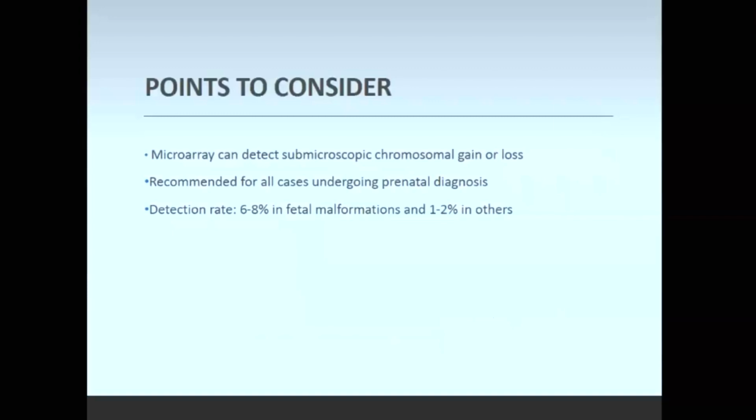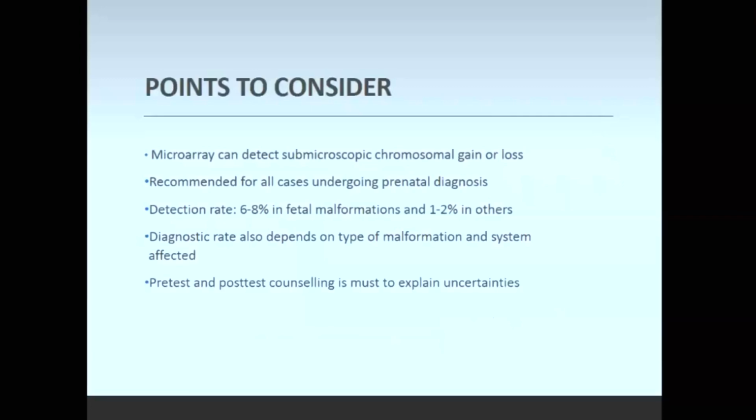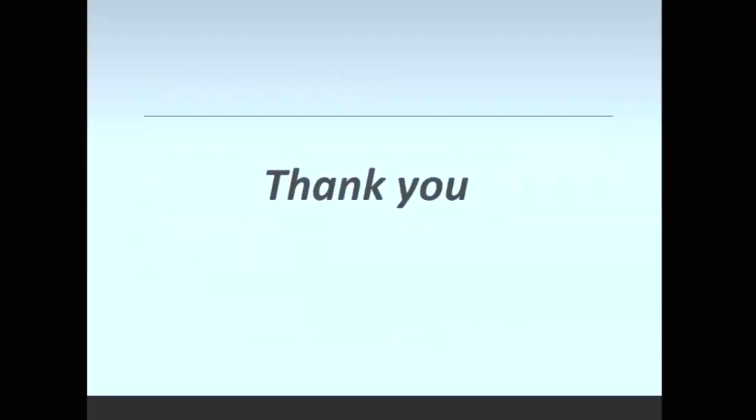The detection rate is 6 to 8% in cases with fetal malformation and 1 to 2% in other cases. The diagnostic rate depends on the type of malformation and the number of systems affected. In multiple malformations, the detection rate will be higher. Pre-test and post-test counseling is very essential to explain the uncertainties that are associated with these tests. Thank you.